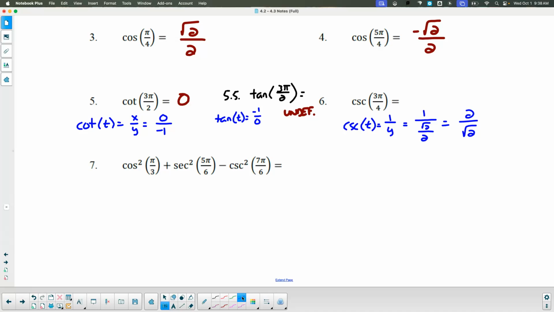Because we are on the unit circle, we rationalize our denominators, so we have no radicals in our denominator. So I'm going to multiply this by the square root of 2 over the square root of 2. And that gives me 2 square roots of 2 over 2. Or simply put, the cosecant at 3 pi over 4 is just the square root of 2. Questions on that one?